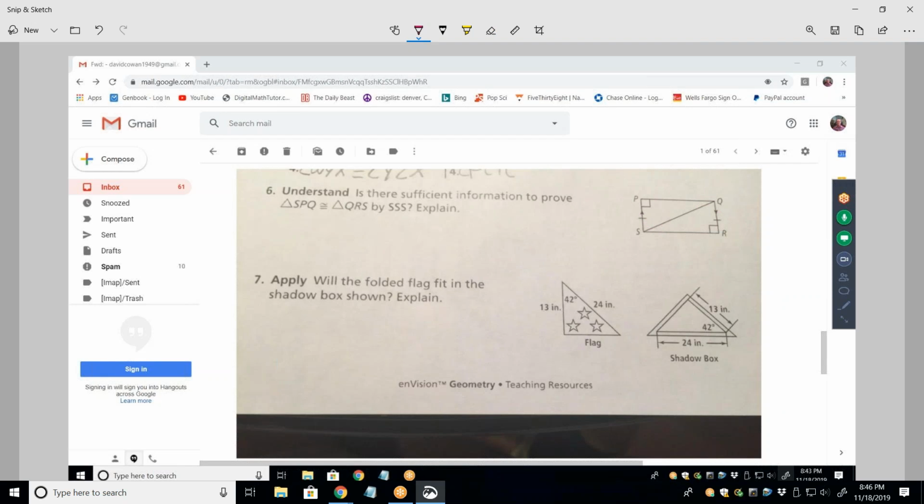It looks to me like they do. Is there sufficient information to prove that SPQ is congruent to QRS? Well, there definitely is enough information to prove they're congruent, but can we prove they're congruent based on side, side, side? In order to prove that, we have to prove that PQ is congruent to SR.